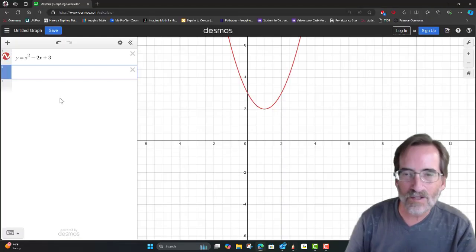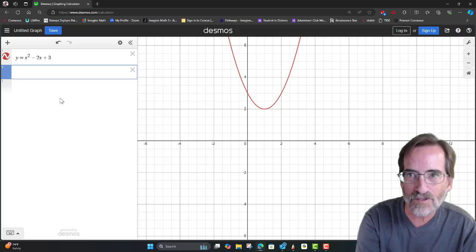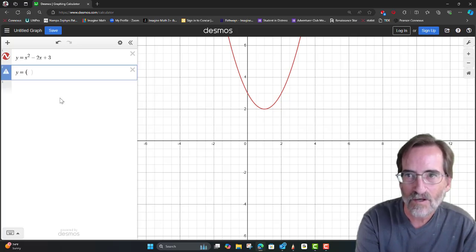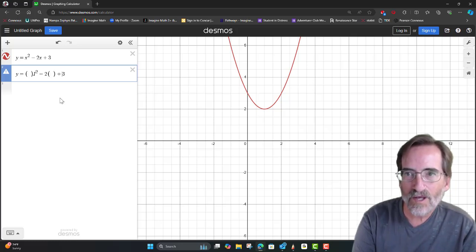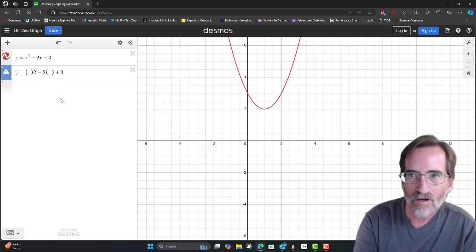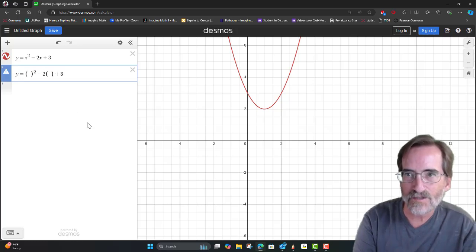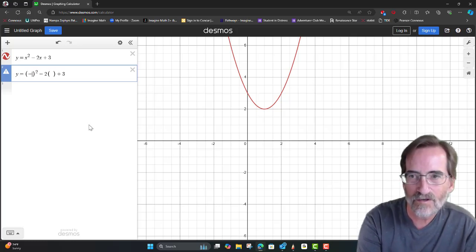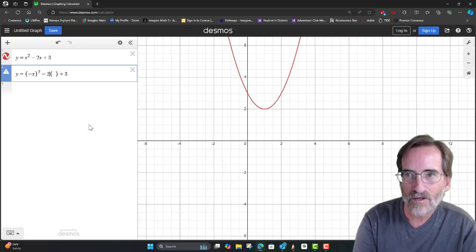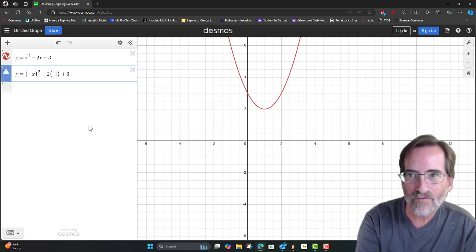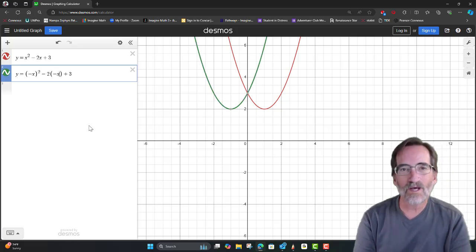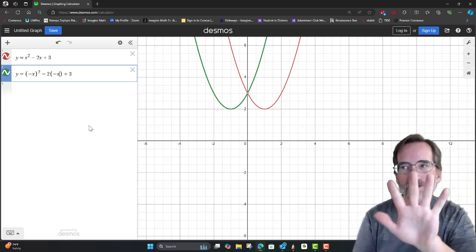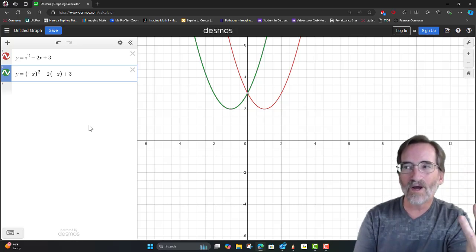I can replace all the x's with parentheses. y = x squared minus 2x plus 3, and replace all the x's with negative x's. Negative x squared, negative 2 times negative x. And look at that. We get a horizontal flip across the y-axis.